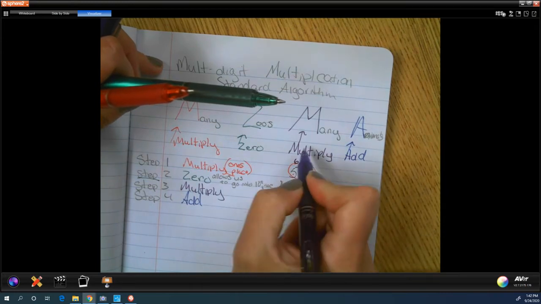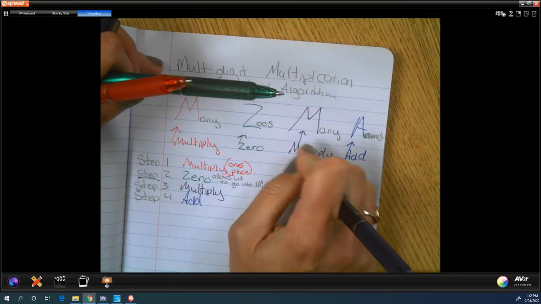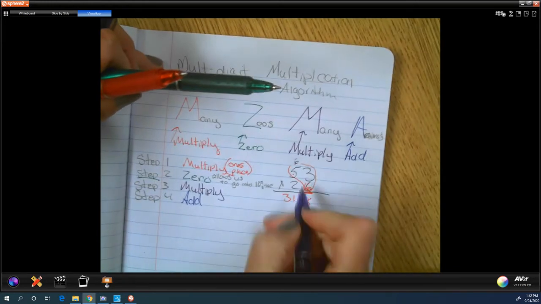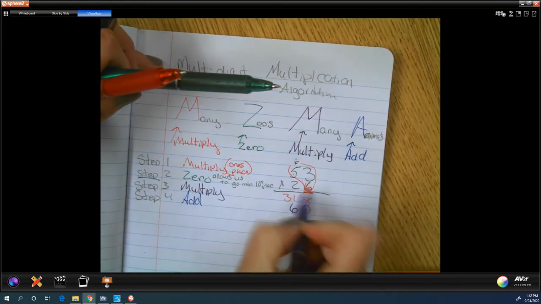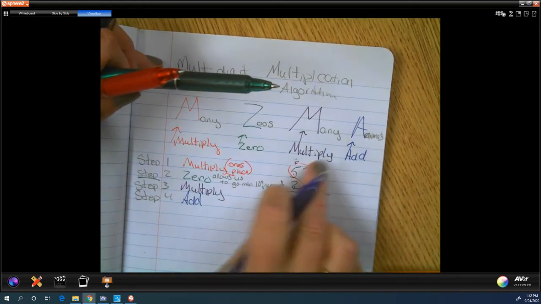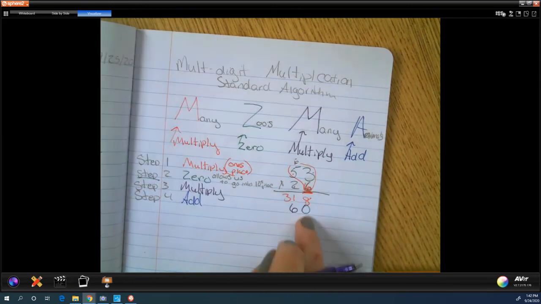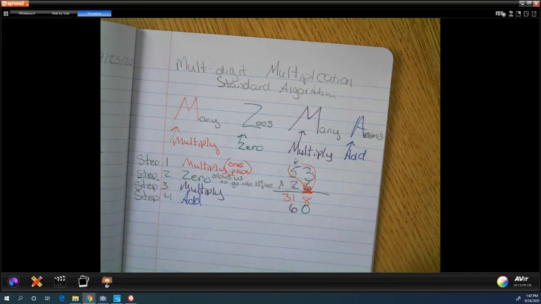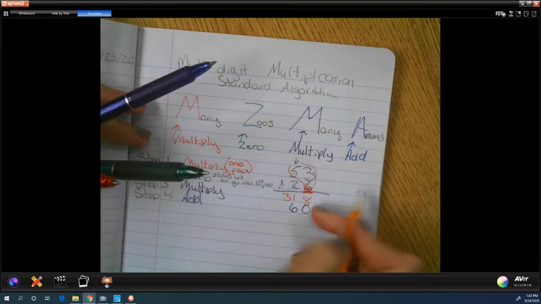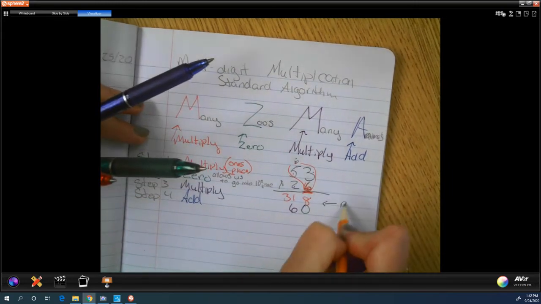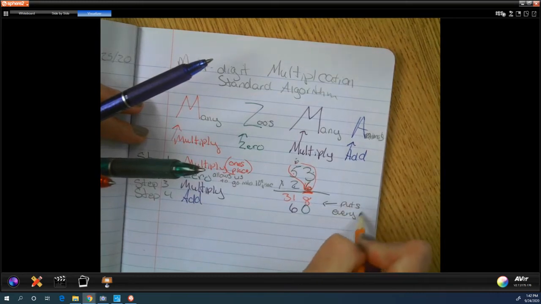2 times 3 is 6. So my 6 goes here. But it wasn't really 6. It was really 60, right? That's why that 0 went there. My 0 shoved everybody over and puts everyone in the tens place.